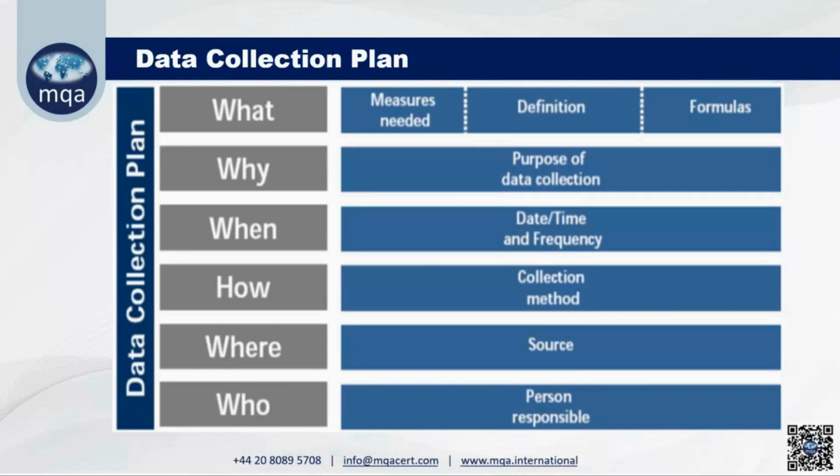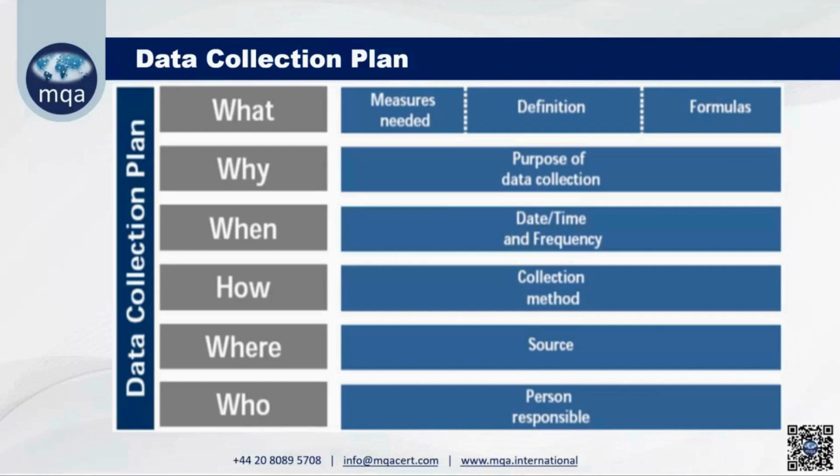There are also some indirect things which need to be defined, like formulas. We will be taking some parameter, putting it into a formula, and then collecting it. So we need to understand these three things. Why: the purpose of collecting the data, why the data is required.